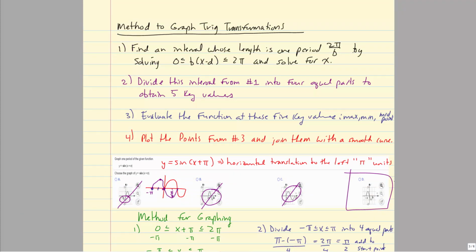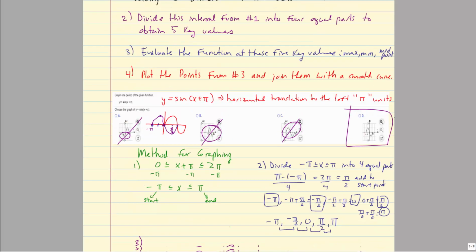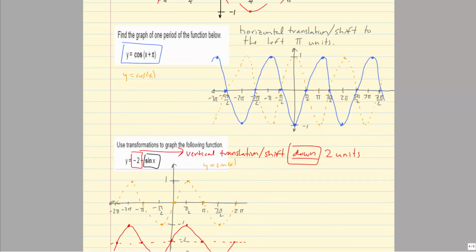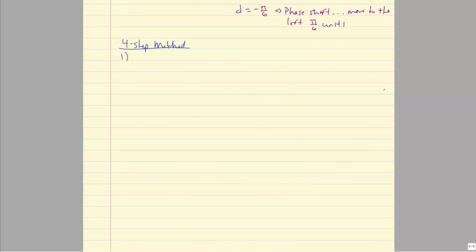Find an interval whose length is 1 period by solving for 0 to 2 pi. So we can certainly do that. And then once I find that, I'm going to divide it into those 5 key points, evaluate the function, and then plot the points and connect the points with a smooth curve.